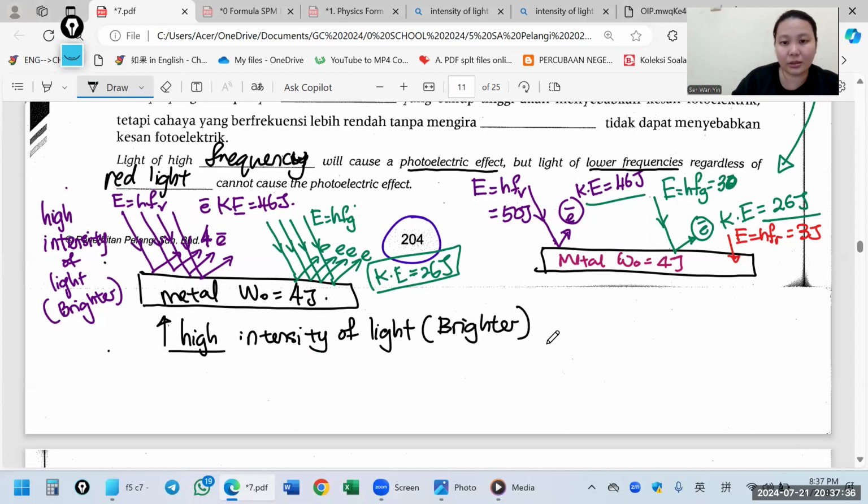High means you will get a greater number of electrons. You will have more electrons emitted out at once.